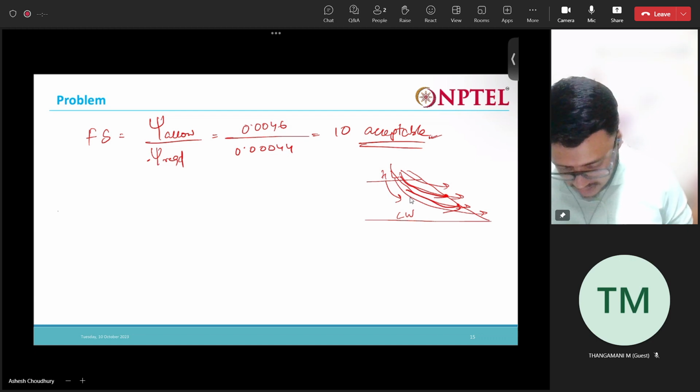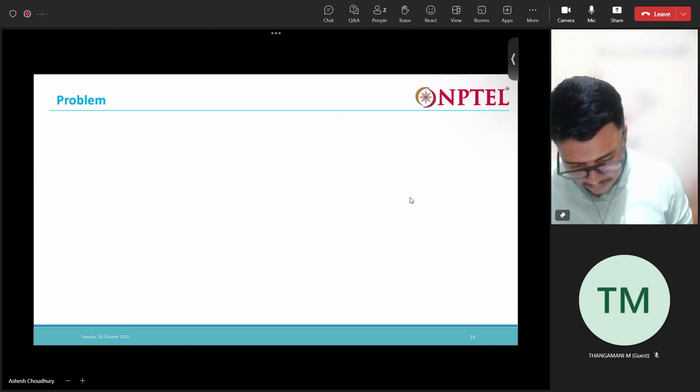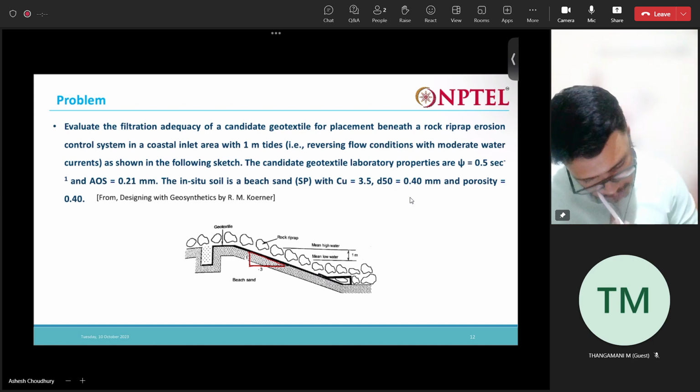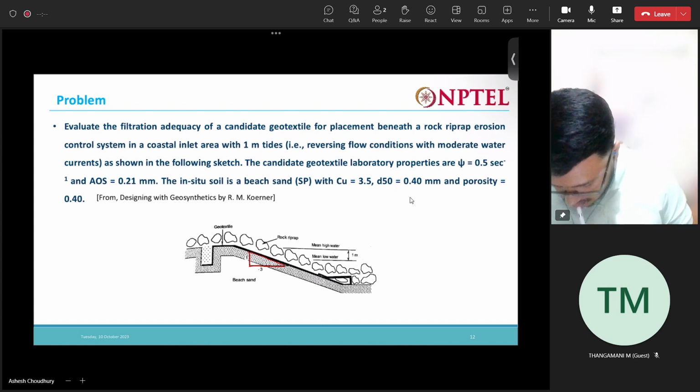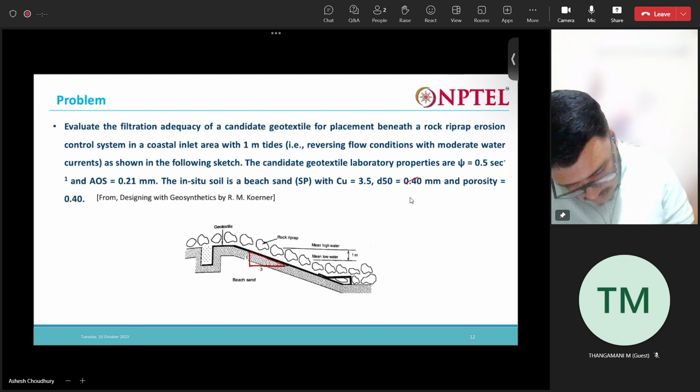So here they have selected a criteria: D50 should be less than 195, be less than D90. So what is the D50 of the soil? 0.4. Did I write something wrong? Just a second. D50 is actually 0.10.